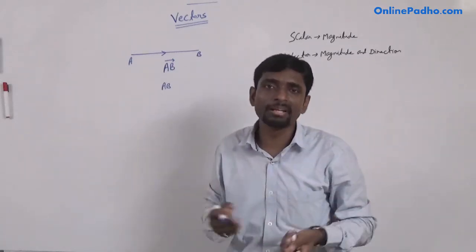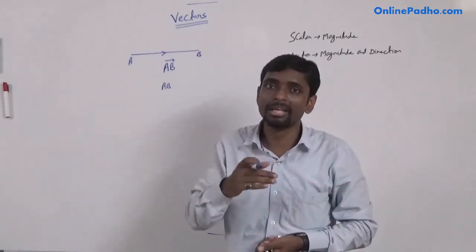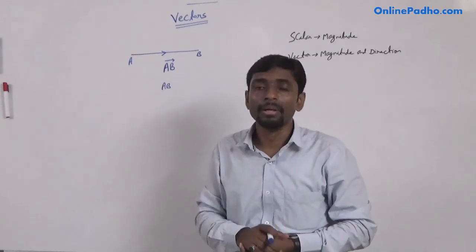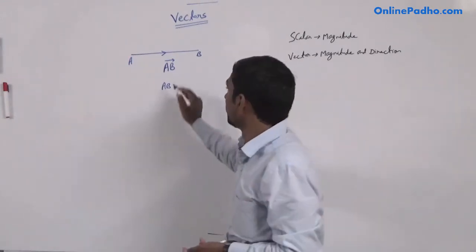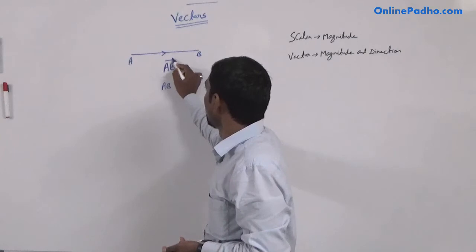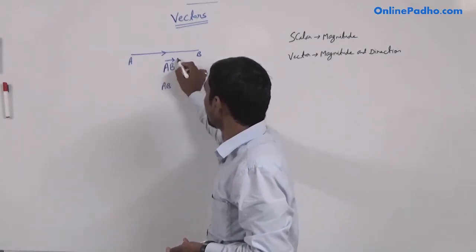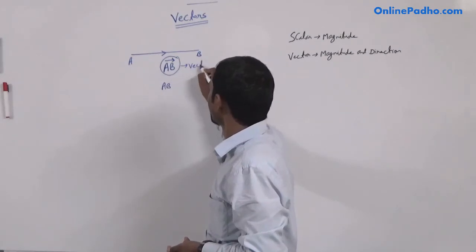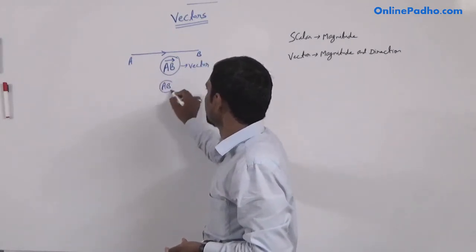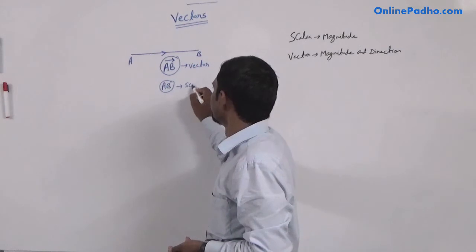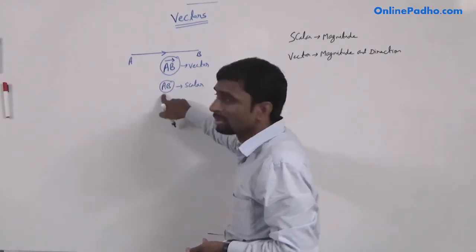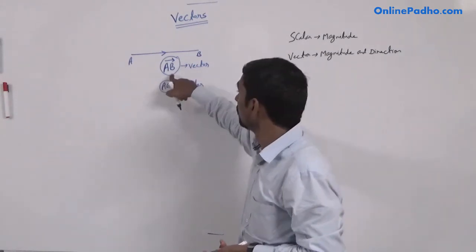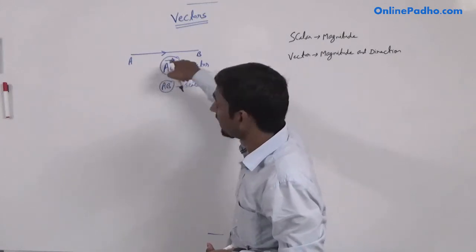AB means what? Scalar quantity. AB, the distance, the length, which is a scalar quantity. But if we draw an arrow sign above the AB, this is a vector quantity. The scalar includes magnitude only, but the vector includes magnitude as well as direction.